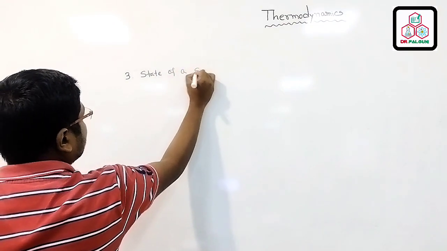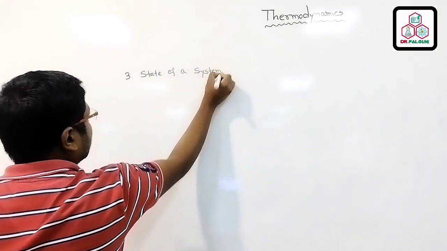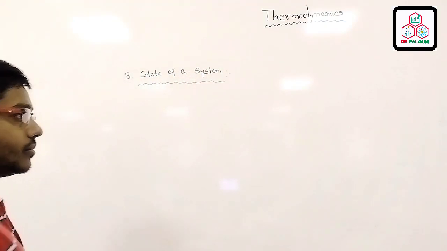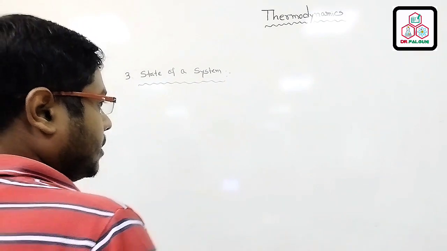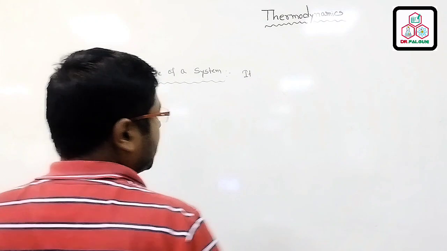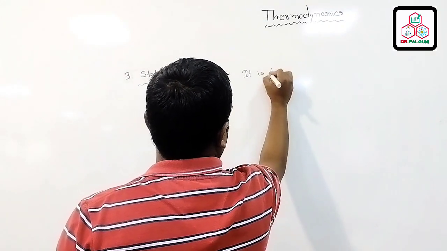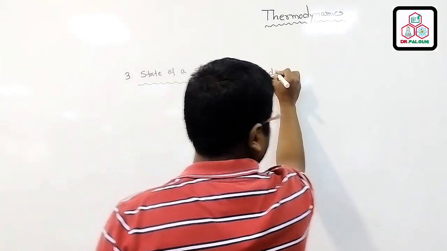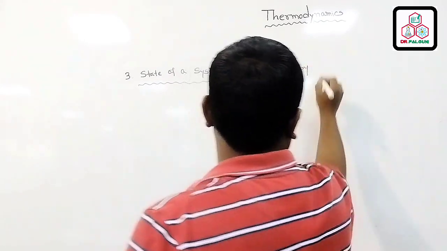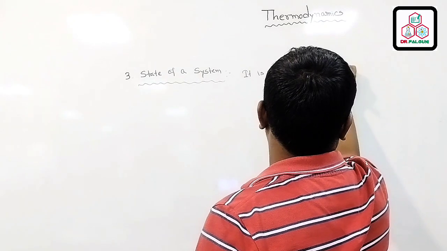The state of a system is defined by state variables.